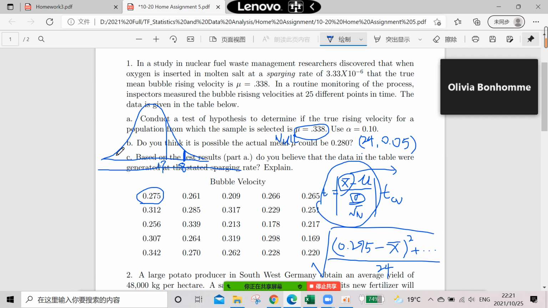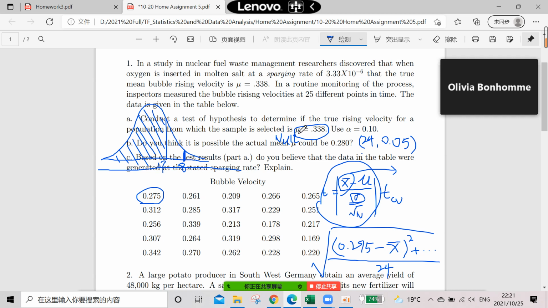What does that mean? That means the shaded area on the left is 0.95 in this case, and the white area is 0.05. The area stands for probability because the whole area equals 1. So the probability that the population mu lies in the left area is 95%, while in the right area it is only 5%.